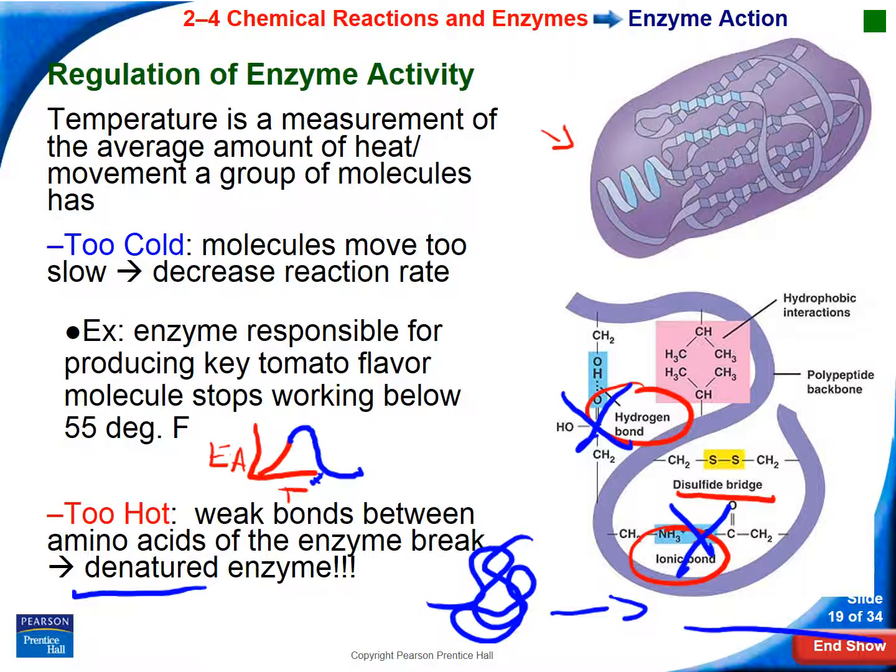So as we raise the temperature, our enzyme activity starts to go up. T for temperature, E for enzyme activity. This is a big EA, so enzyme activity, not activation energy, okay?